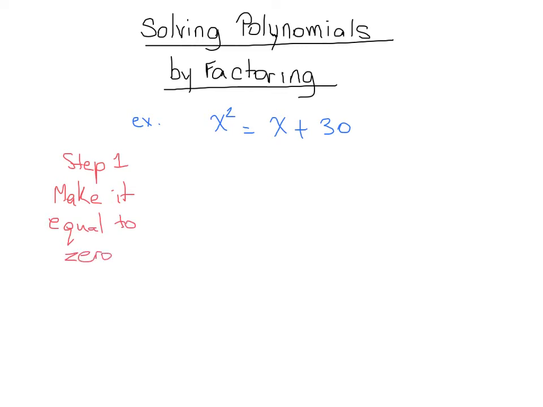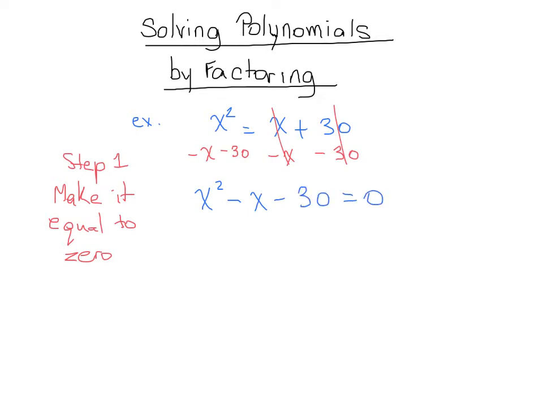Exactly, we have to subtract x from that side so it goes away, and subtract 30 from that side so it goes away. But of course, whatever you do to one side, you already know, you have to do to the other side. So we get x squared minus x minus 30 is equal to 0.